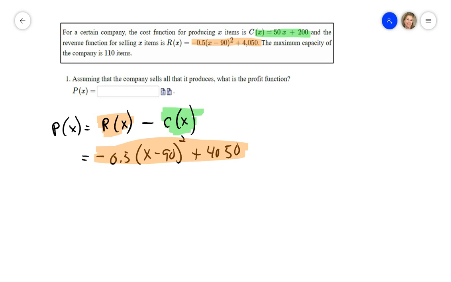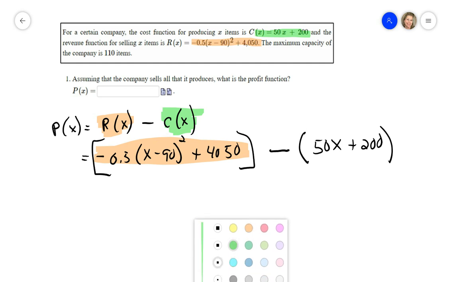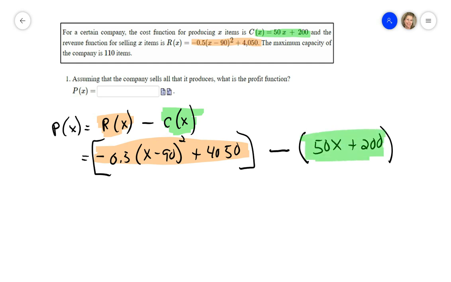And I guess you could put it inside parentheses if you want, or actually brackets, since I've already got a set of parentheses in there. And then it's minus the cost function, and the cost function is 50x plus 200. That's this one here.